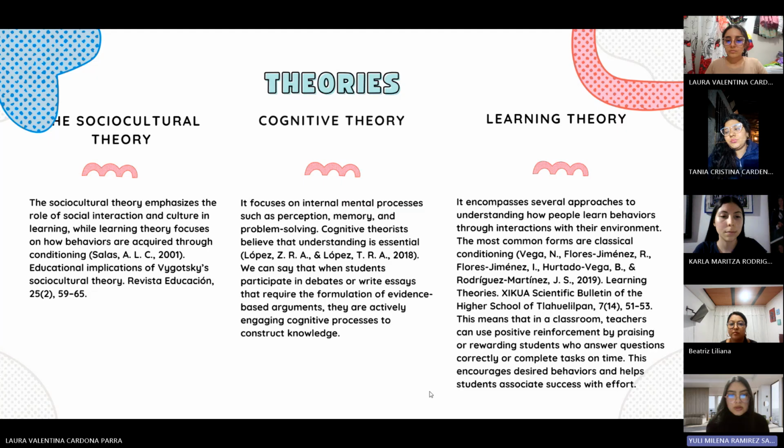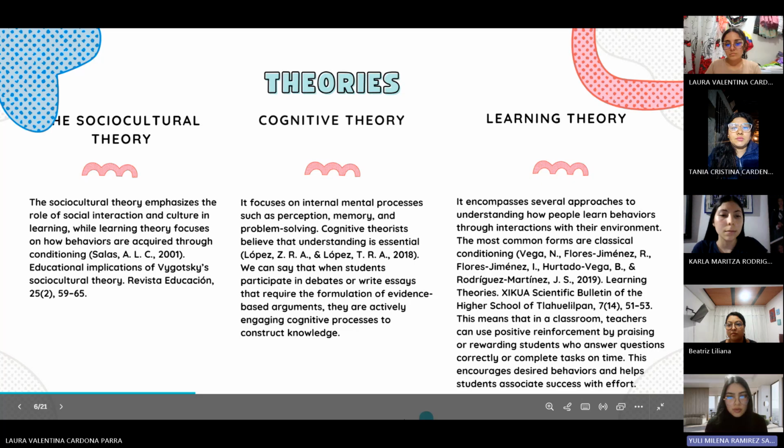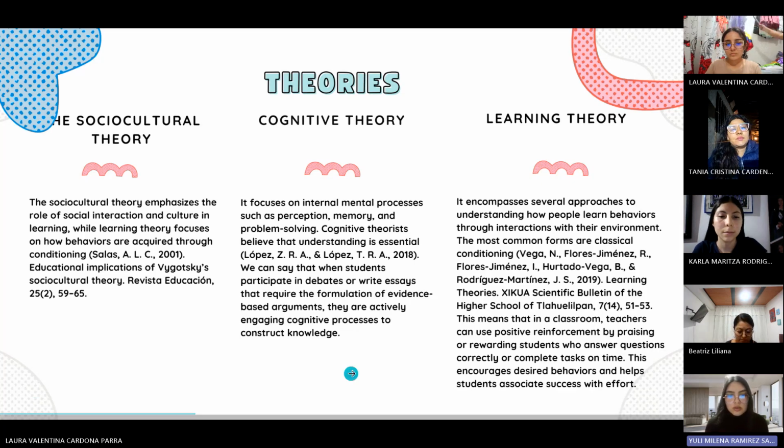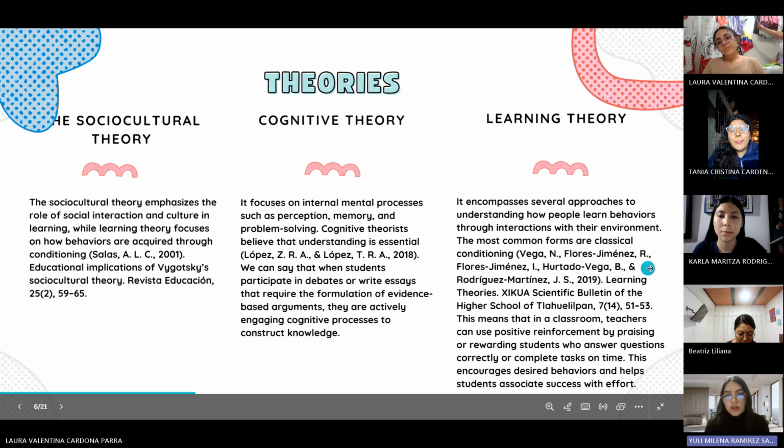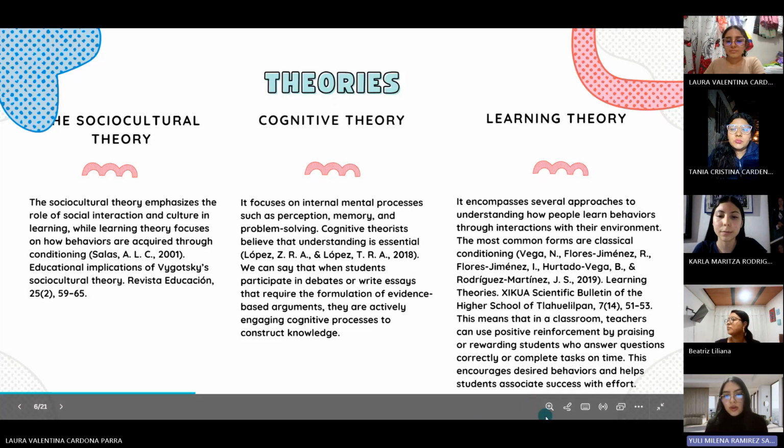We can say that when students participate in debates or write essays that require the formulation of evidence-based arguments, they are actively engaging cognitive processes to construct knowledge. And third, learning theory. It encompasses several approaches to understanding how people learn behaviors through interactions with their environment.